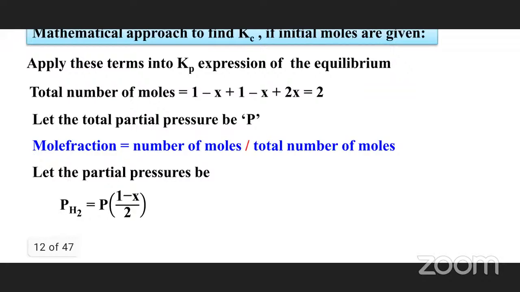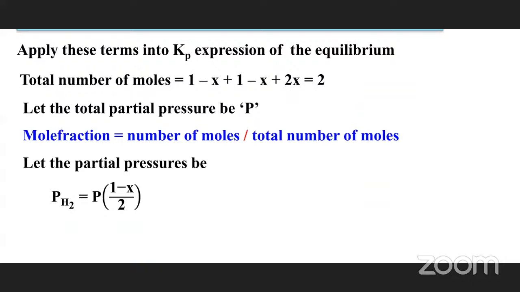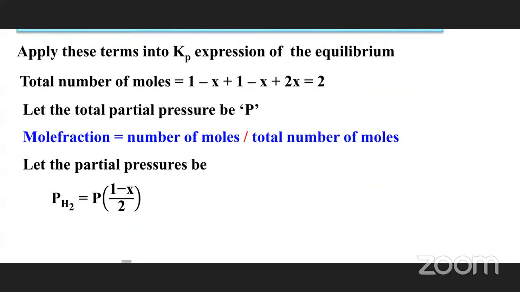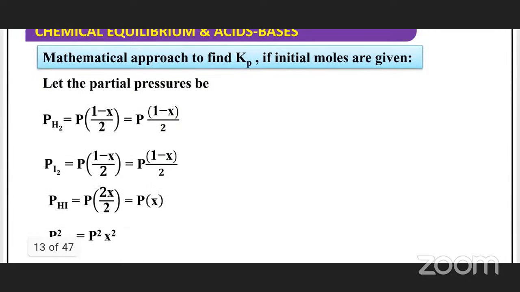So the mole fraction of H2 is (1 minus x) by 2, and the partial pressure of H2 is P into (1 minus x) by 2.